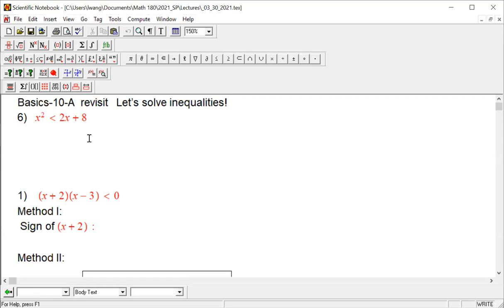I want you guys to understand all these methods, these two are basic methods, even though there are other methods that might pop up when you solve these inequalities, because you have learned them somewhere else. But I'm totally open to any method you want to use, because every method opens the mind.